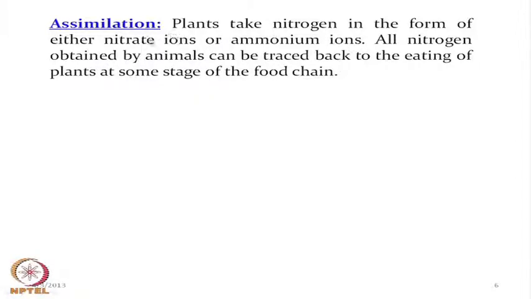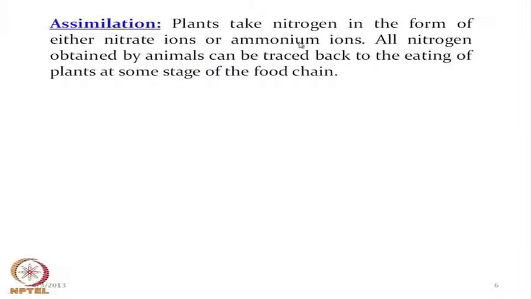So, when we are able to make these ions immediately from the dinitrogen, and if the plant can take up these two ions in its body, they can be stored in the plant as some usable nitrogen based compounds, some nitrogen bearing molecules.